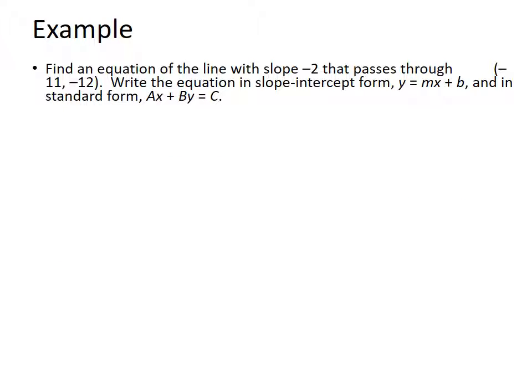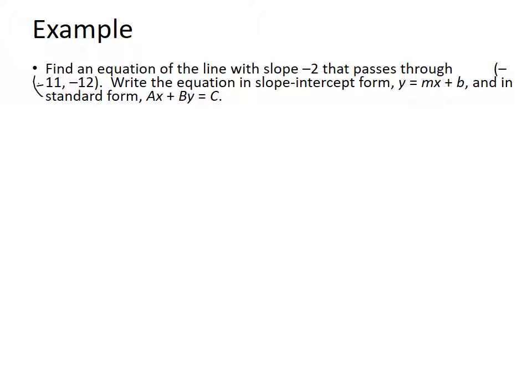So for example here, this is -11. So let me help myself there. Erasing doesn't want to be my friend. So we're going to make that -11. It didn't carry over with us. So it's the point (-11, -12).